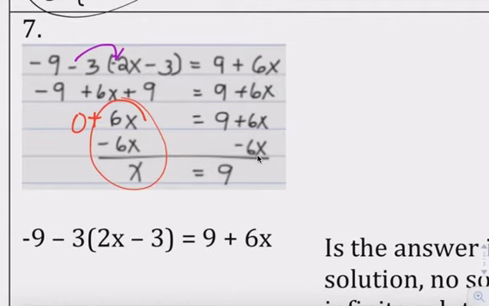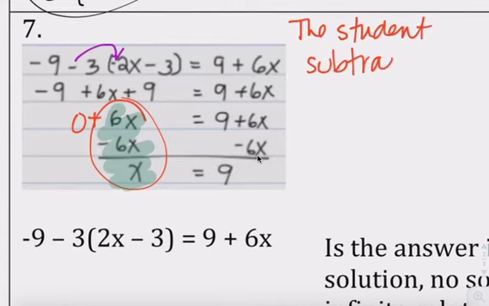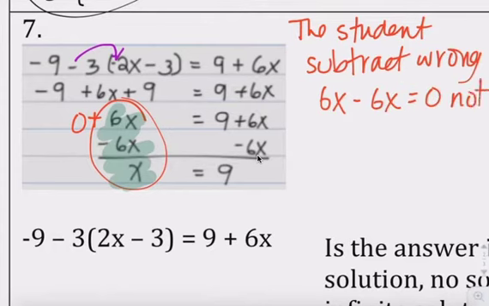Here's the problem. Alrighty, so this is the problem right here. Okay, the student subtracted wrong. 6x minus 6x equals 0, not x.